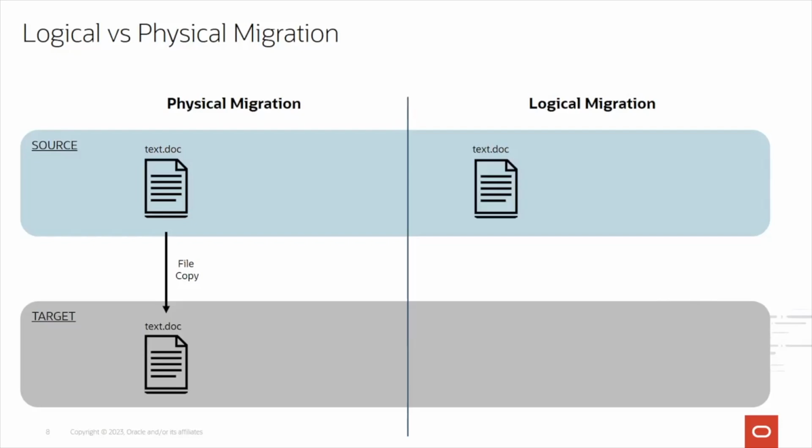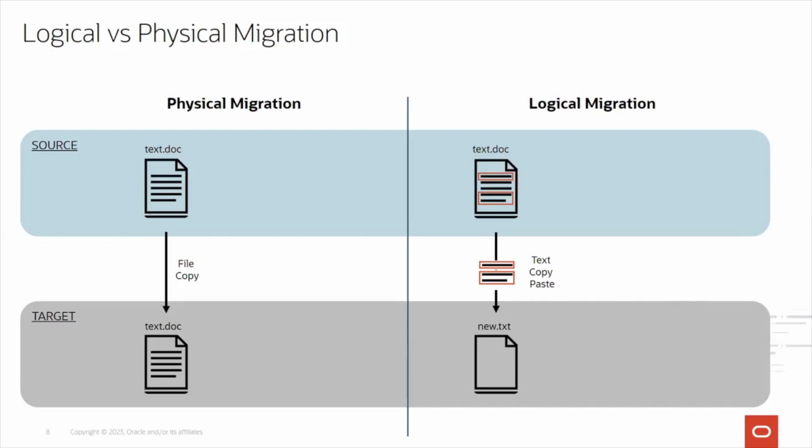Again, we have the same text document, but instead of copying the entire document, you only copy the contents, with a Control C, and then Control V, or just paste it into the target. Here, as you can see, we haven't physically moved the files, whereas we have logically extracted the contents and then put them into the target.